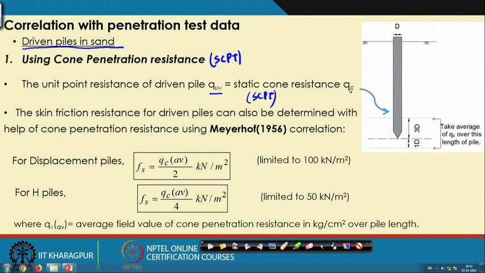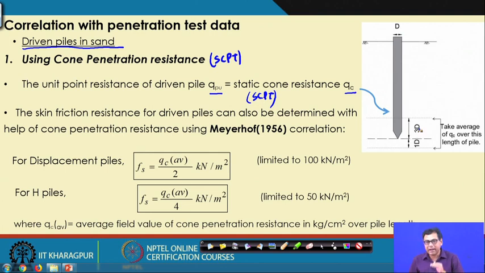And which QC will we consider? If you look at this figure, the average QC below 1D and above 3D from the pile base, this total 4D zone, the average we will consider as this QC. And this D is the diameter of the pile.